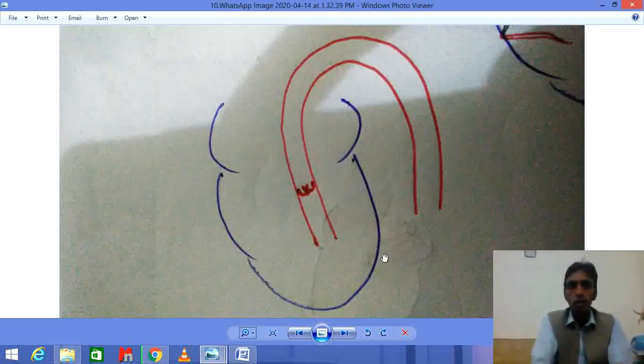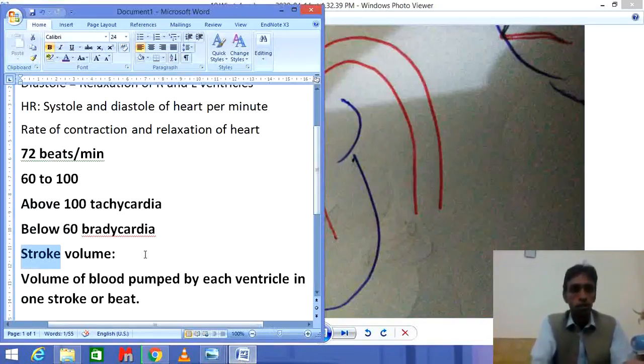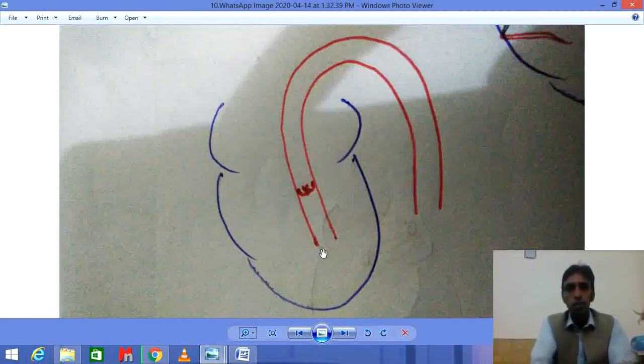The value of stroke volume is 70 ml, just the average. With each beat, the left ventricle pumps 70 ml of blood from the left ventricle to the aorta.